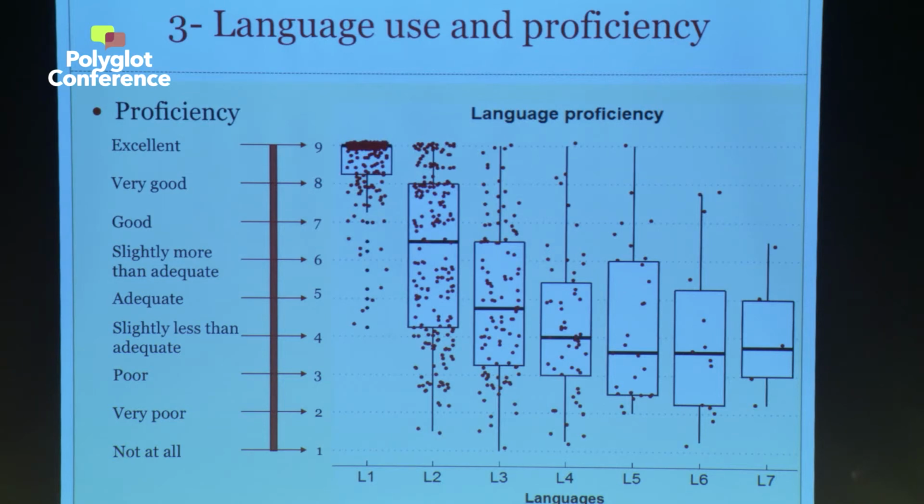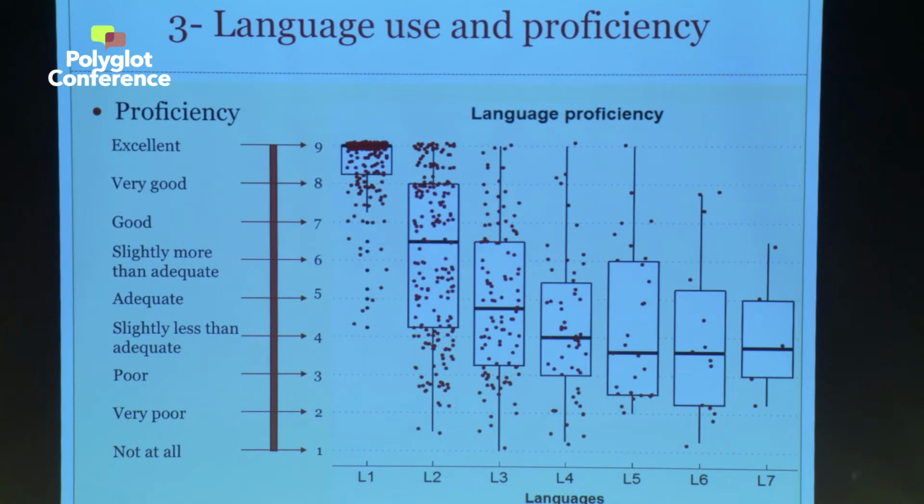Now, the third thing is about how they rated their own proficiency in these languages. I asked them for each of their languages to rate their proficiency in 4 modalities, so speaking, understanding spoken language, reading and writing, from not at all to excellent.